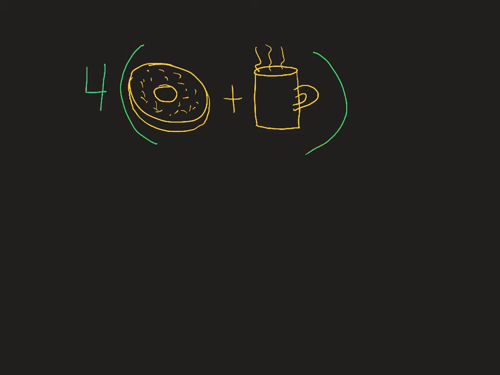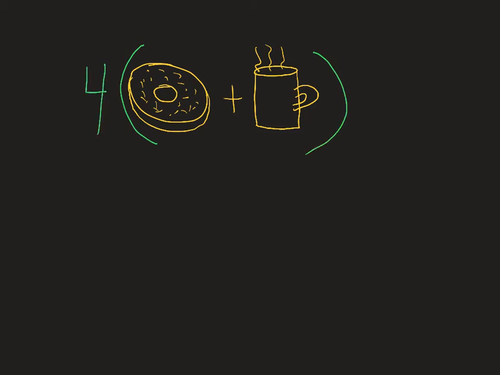I wanted a donut and I wanted a cup of coffee. And I'm enjoying my donut and my cup of coffee. And then a few of you guys come in and you see me in class and say, Mr. A, I want a donut and a cup of coffee also. 4 of you walked in. And I said, sure, I'll get you guys donuts and coffee.